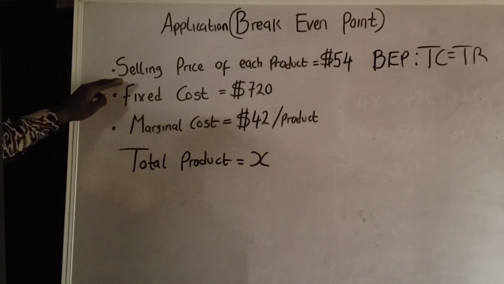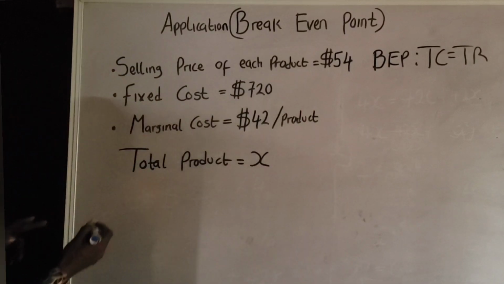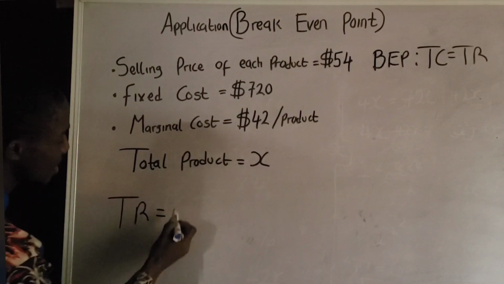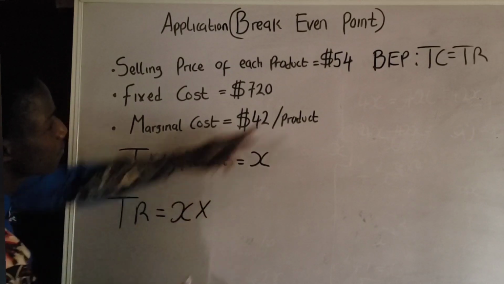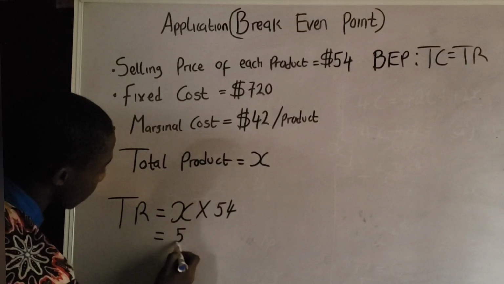The selling price of each product is $54. So the total revenue will be the total product, which is X, multiplied by 54. So the total revenue is equal to 54X.